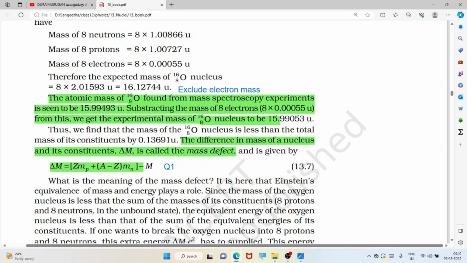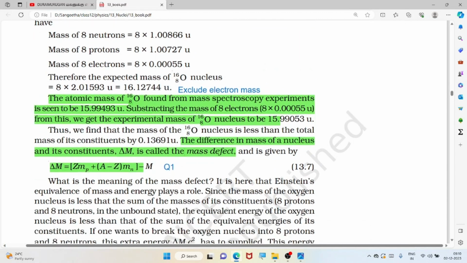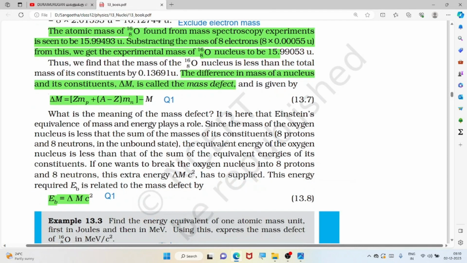If you compare these 8 neutrons, 8 protons plus 8 electrons, you will get the total mass for the oxygen, but the experimental mass is around 15.9 because this number comes after subtracting the mass of the 8 electrons. That is why we are excluding the mass of the electron. We are considering only protons plus neutrons.